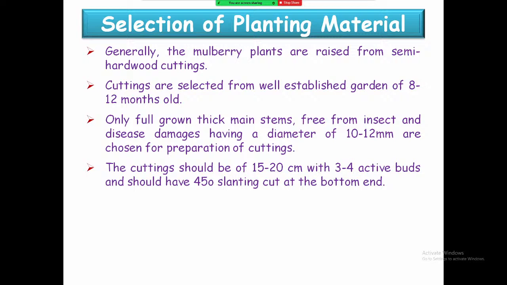Okay, and when you go for the planting, then you should have 45-degree slanting cuts at the bottom end. Okay, कट कसा घ्यायचा आहे, जो काही बॉटम एंडचा तो 45 डिग्री स्लॅंटचा घ्यायचा आहे.